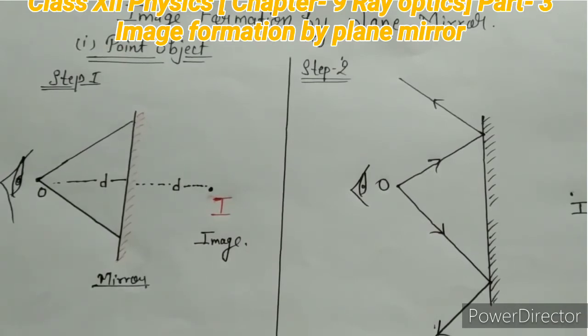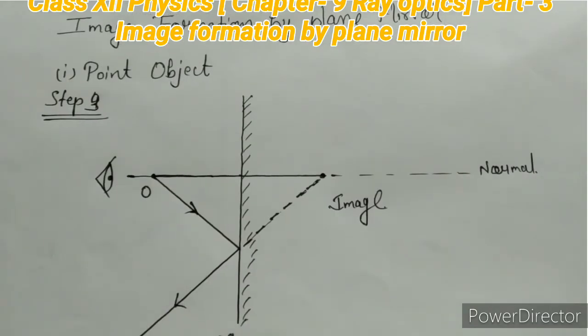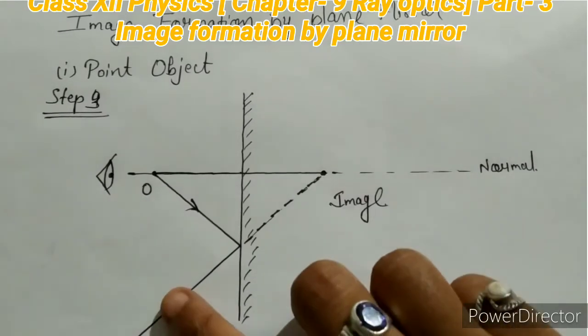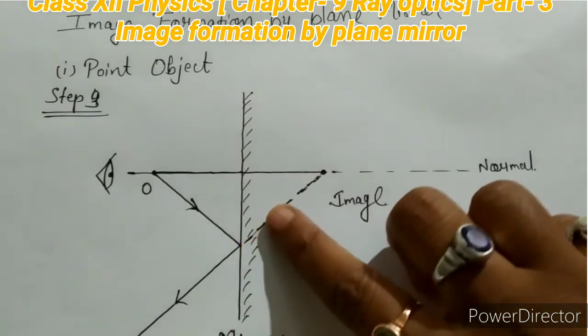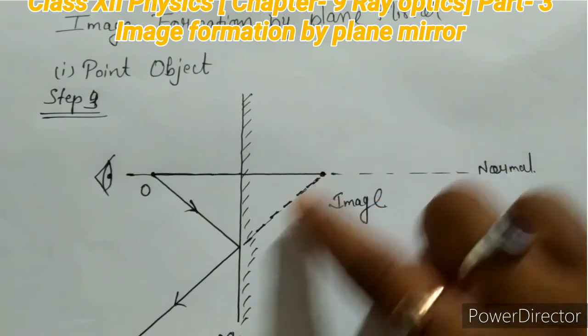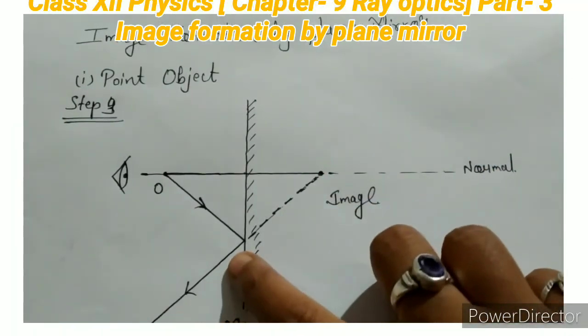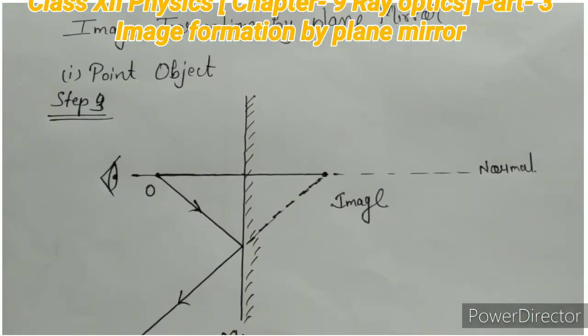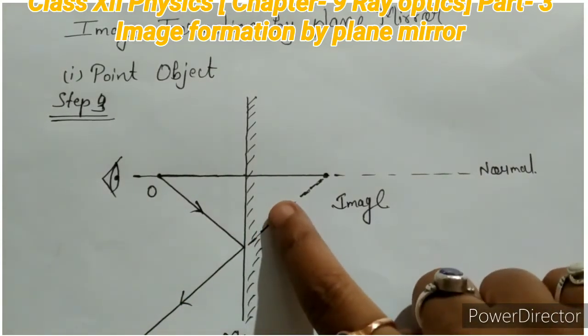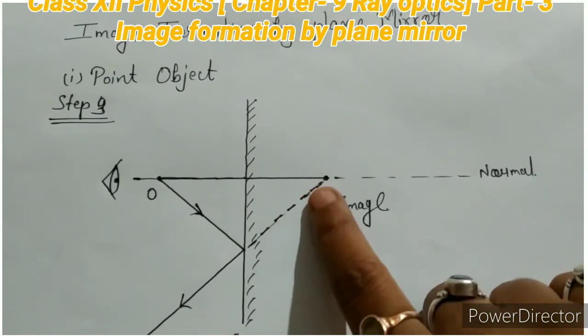The next step: we know a plane mirror gives a virtual image. That means we will assume some rays behind the mirror. Let's produce this ray backward and meet behind the mirror, and you see these rays do not actually meet but appear to come from there.